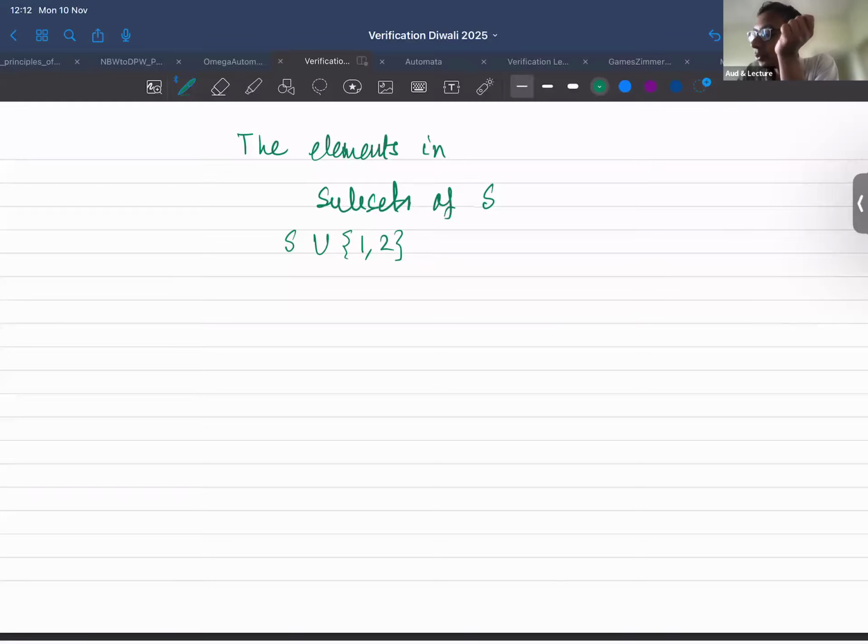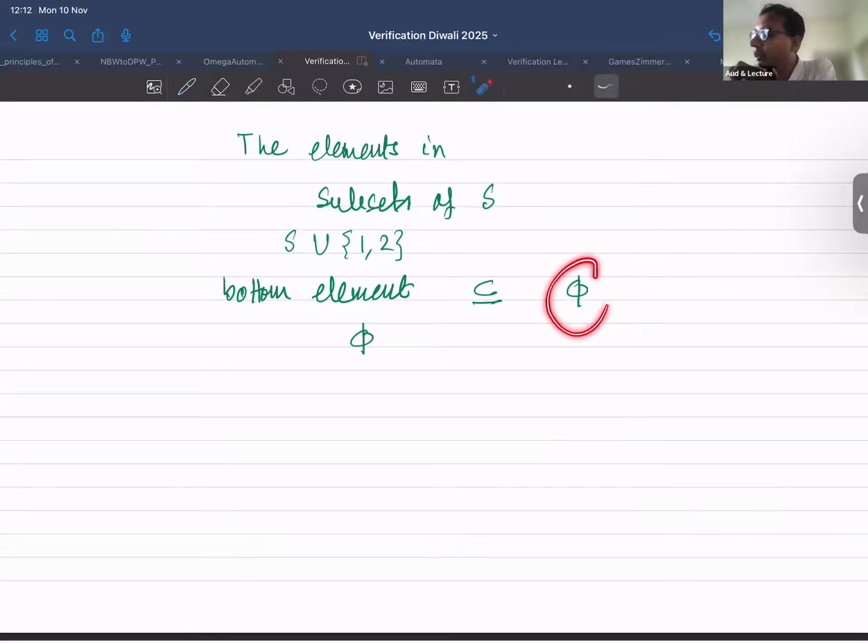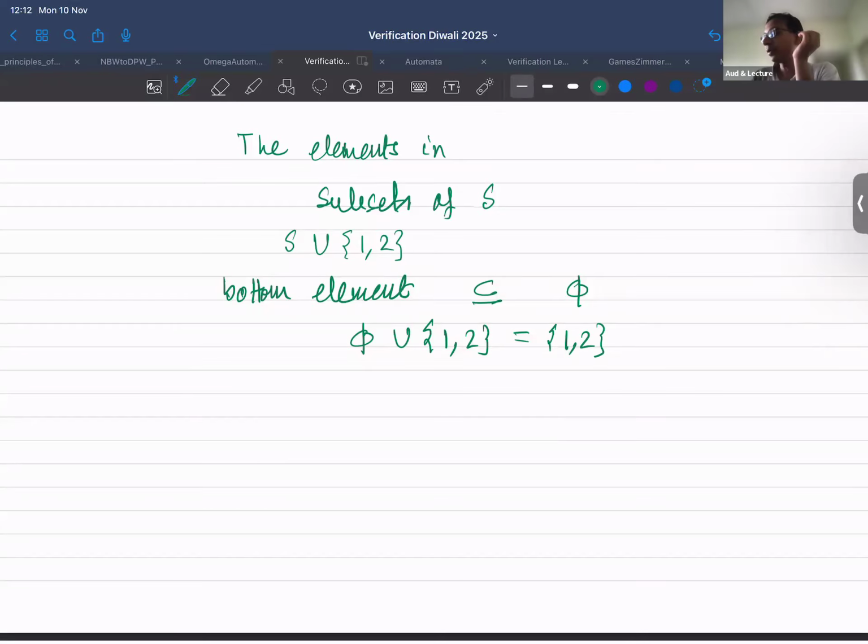In the lattice there is a bottom element; if you consider the subset relation, the bottom element is essentially the null set. You start with this bottom element and take phi union {1, 2}, and you reach {1, 2}.